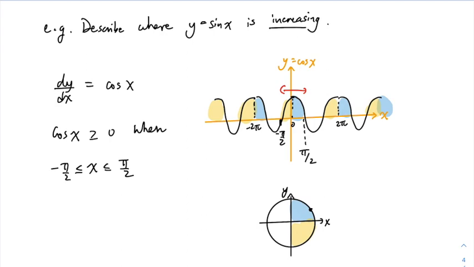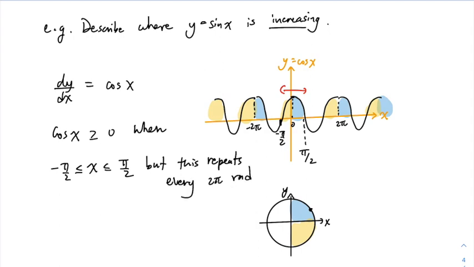But this interval repeats. Like you can add 2 pi to it, keep adding 2 pi, or subtracting 2 pi, keep subtracting 2 pi's. And so really, I'll make a note, but this repeats. And it repeats every 2 pi radians.